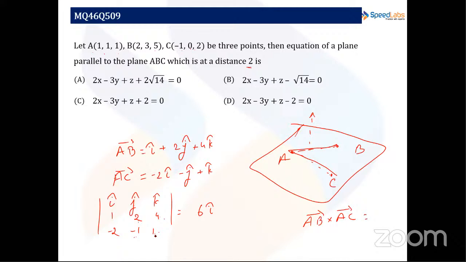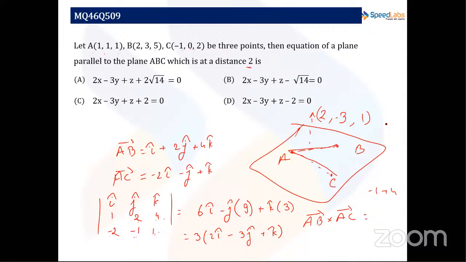For J, it will be 1 plus 8, so that will be 9. For K cap, this will be minus 1 plus 4, that will be 3. So taking 3 common, it will be 2I cap minus 3J cap plus K cap. So the direction ratios of the perpendicular to the plane are 2, minus 3, 1, or any multiple of it.